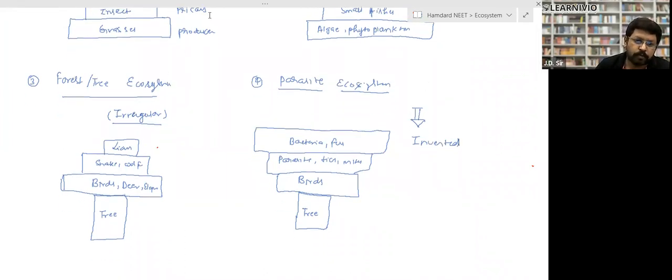Now, when we talk about the pyramid of number in a forest or tree ecosystem, this will be D-shaped, irregular, right? Why? There is a single large banyan tree, but those which are eating fruit and leaves, they are deer, elephant, and birds.